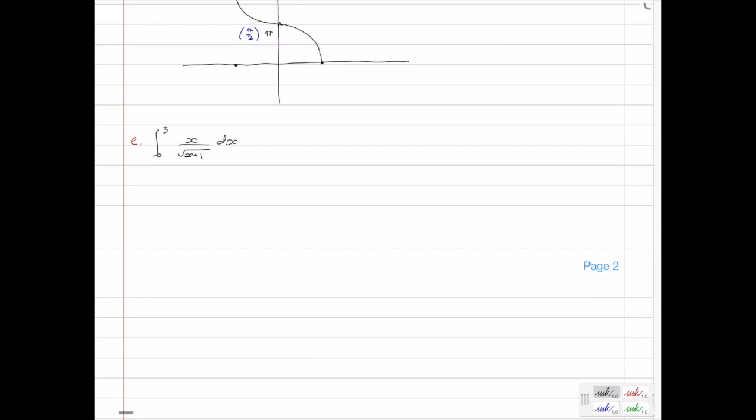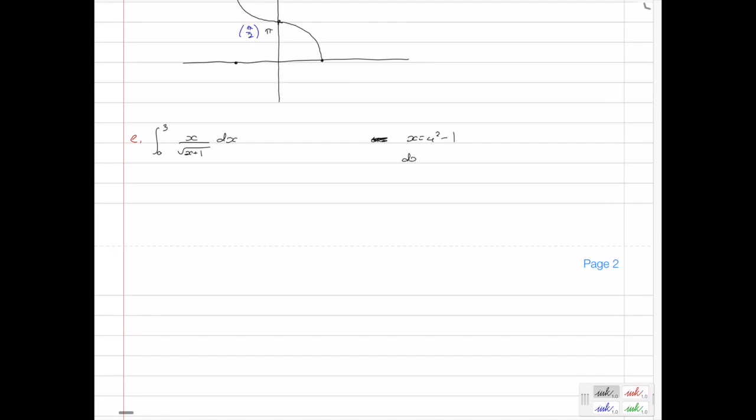And we were given a substitution to use for this integral, which was, not u, it was x equals u squared minus 1. Okay, so we're given a substitution. First thing we have to do is differentiate that. So we get dx on du equals 2u. And so that gives us dx equals 2u du.